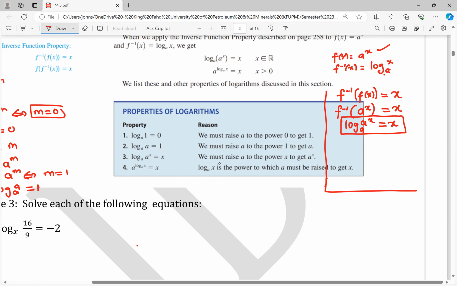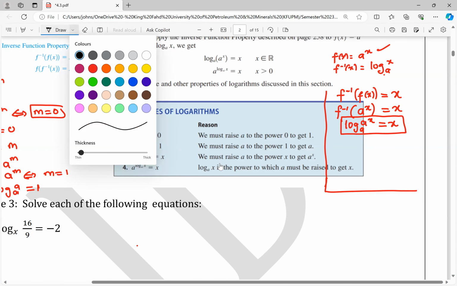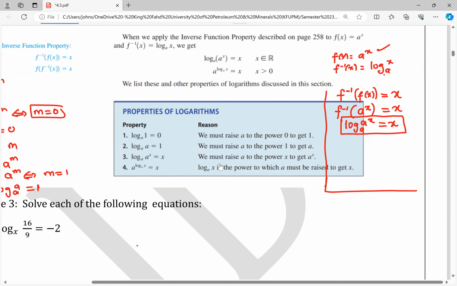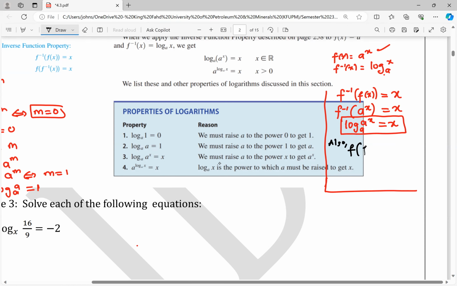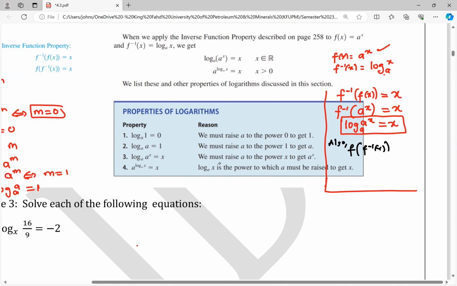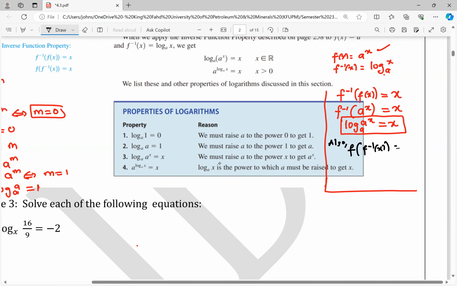Then number 4 is from the same story. Remember also that we have f of f inverse of x is also equal to x. Where are these two coming from?